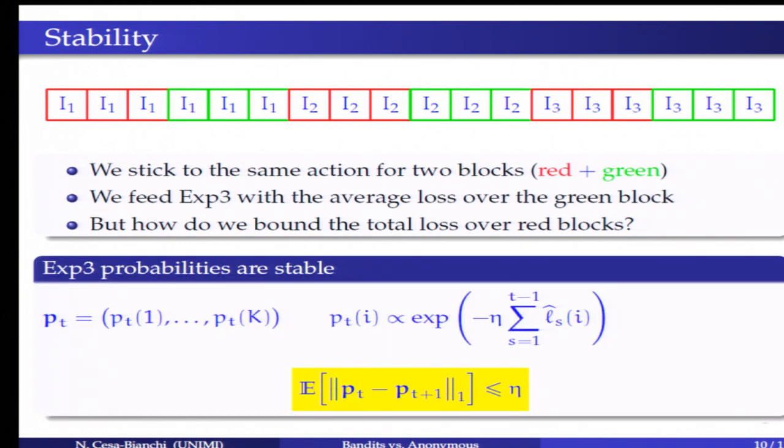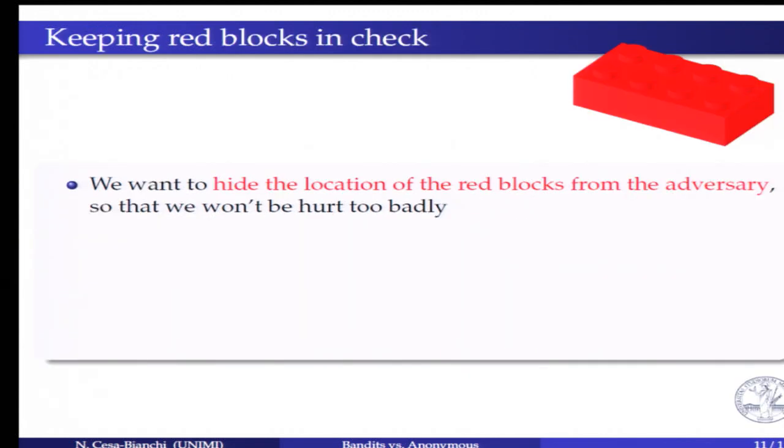I can use the fact that the probabilities in EXP3 are stable. Exponential weights have the property that the probability vector doesn't change much over time. So by doing that, I can hide the location of the red blocks from the adversary, so that the adversary cannot concentrate all the losses on the red blocks and cause a big regret to me.